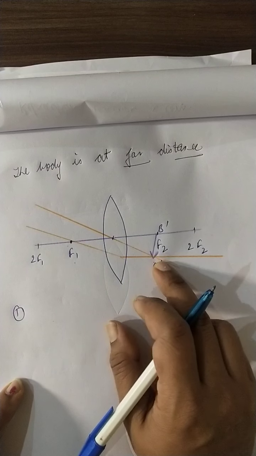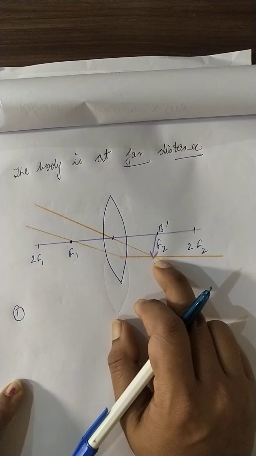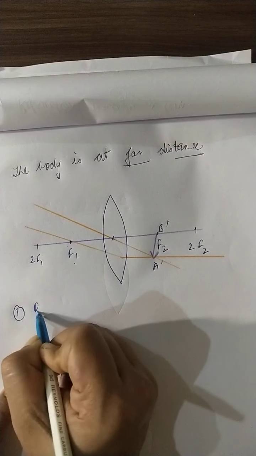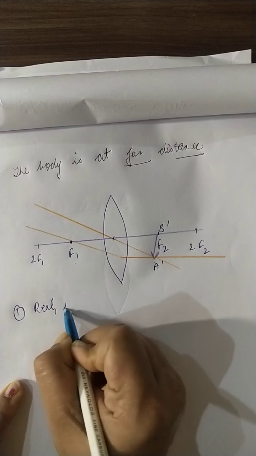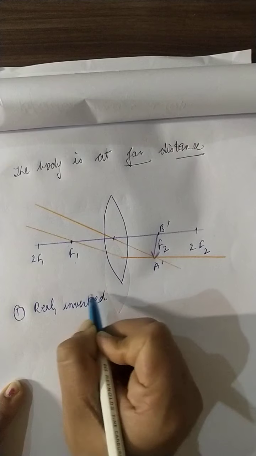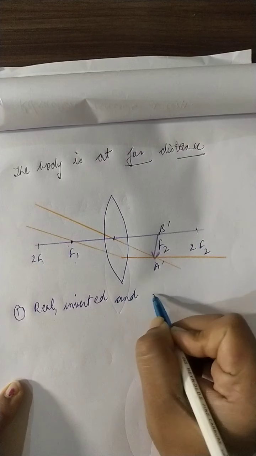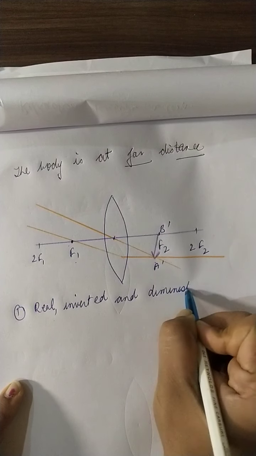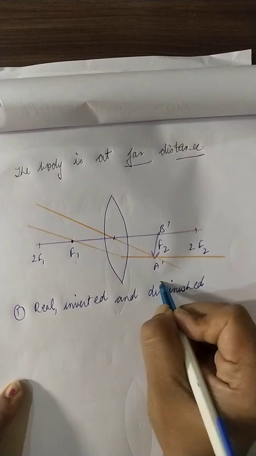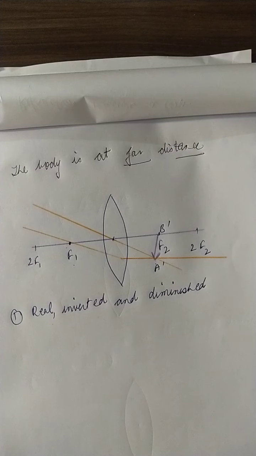The object size is small, right? First we'll say it is real, right? Then it is inverted and it is diminished, small size than the object. Clear, right?